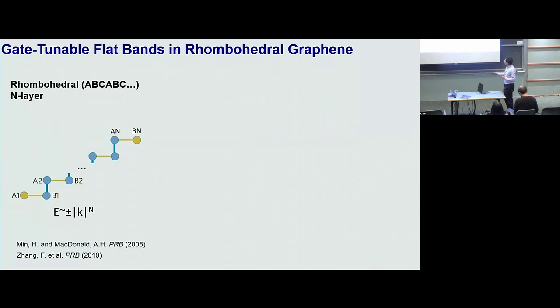So if you think of it, the low energy physics is only residing here and here. They talk to each other very indirectly, right? They have to hop through all the layers, and that results in a dispersion that's roughly momentum to the nth order, where n is the layer number, okay? To the zeroth order, neglecting other smaller hopping parameters.